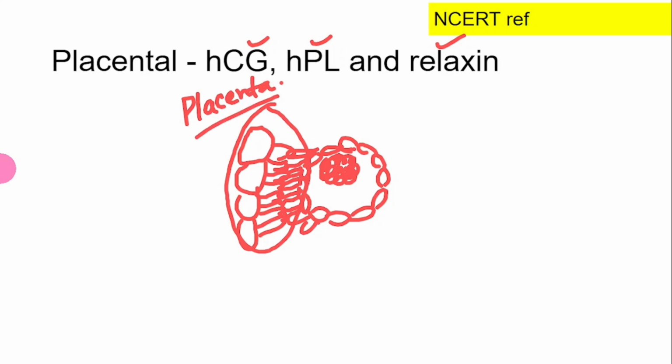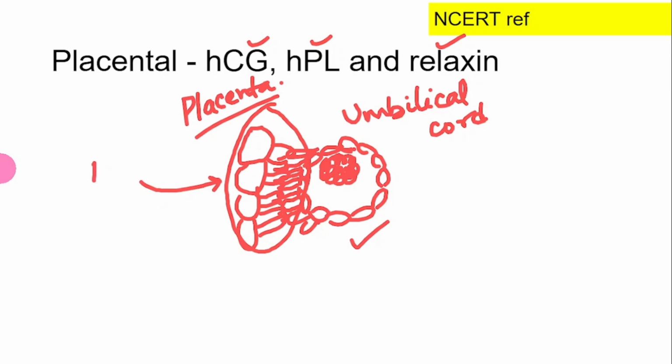Soon there will be formation of the umbilical cord that will connect the embryo to the placenta. Now the embryo will derive all its nourishment from the placenta.